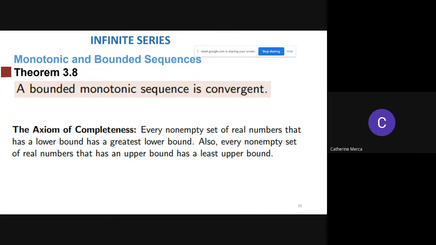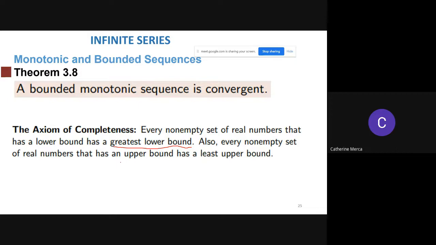Na? So, the axiom of completeness says that every non-empty set of real numbers that has a lower bound has a greatest lower bound. So, kung naa daw mga lower bounds, dapat naa siyay greatest lower bound. Yan ang ibig sabihin ng axiom of completeness.